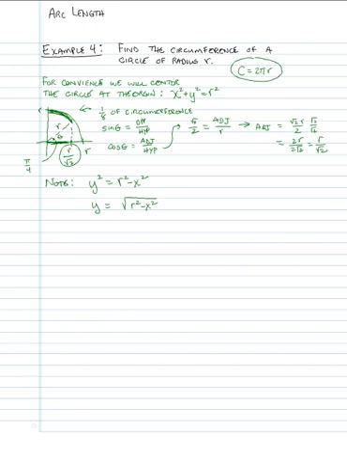Now, I didn't say plus or minus because we're dealing in the first quadrant here, and the y's that we're talking about in our diagram for the arc length are all positive y's. We don't need plus or minus since it's clear here that y is greater than 0. Okay? That's the reason we don't need that.